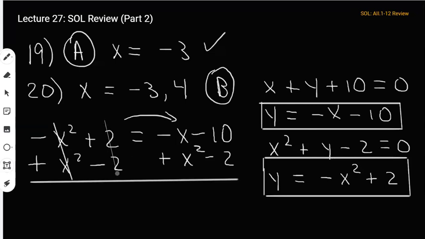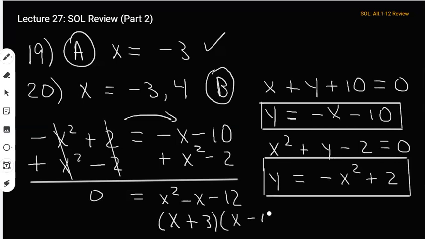these cancel, and I have x squared minus x minus 12. And then from there, if I was to factor this, I would get x plus 3, x minus 4. And if I set them both equal to 0, that's how I would get negative 3 from this factor, and then I could get positive 4 from this factor right here.